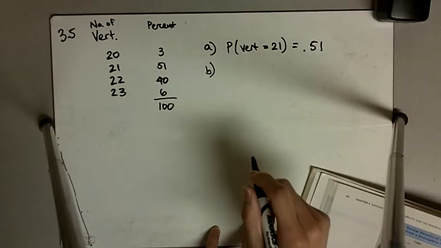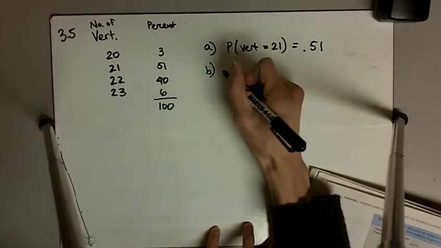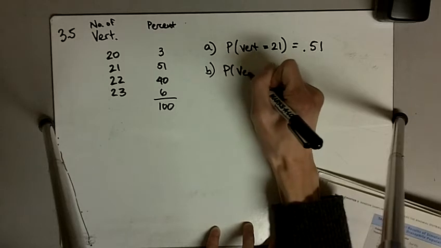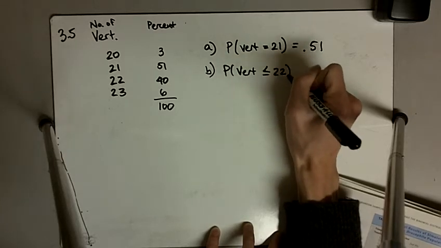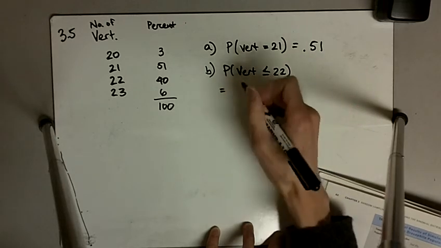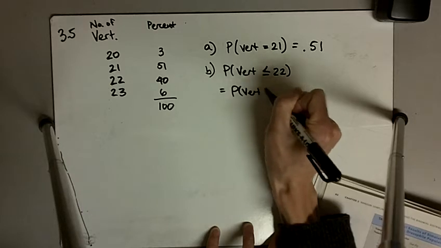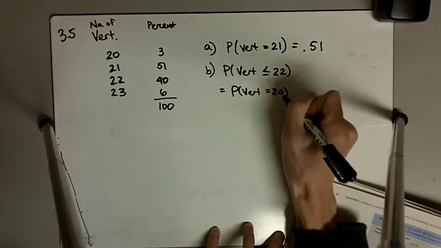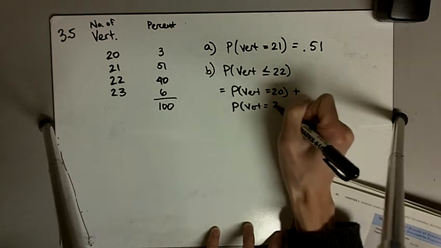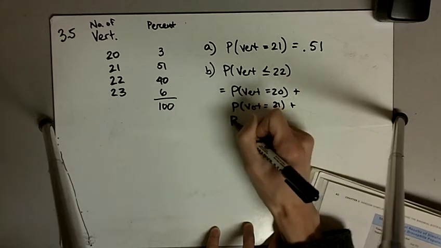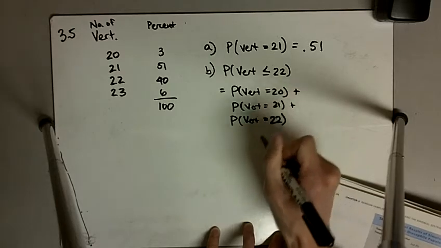B asks, what's the probability that it is less than or equal to 22? So probability that vertebrae is less than or equal to 22. Okay, that is essentially equal to the probability that vertebrae equals 20 plus the probability that the vertebrae equals 21 plus the probability that the vertebrae equals 22.